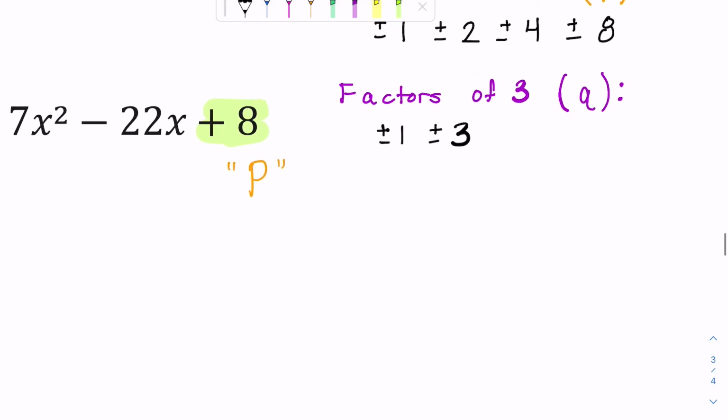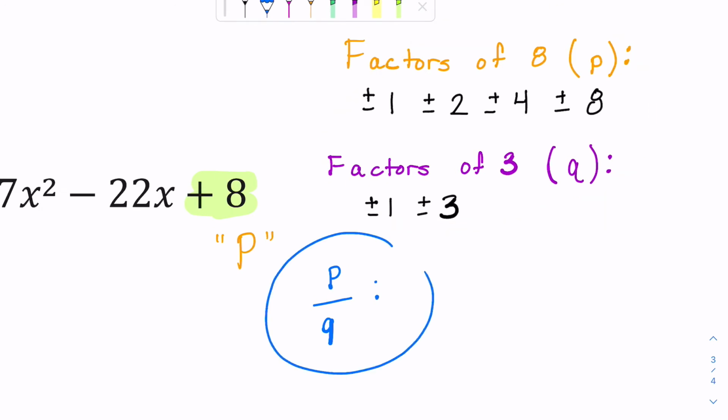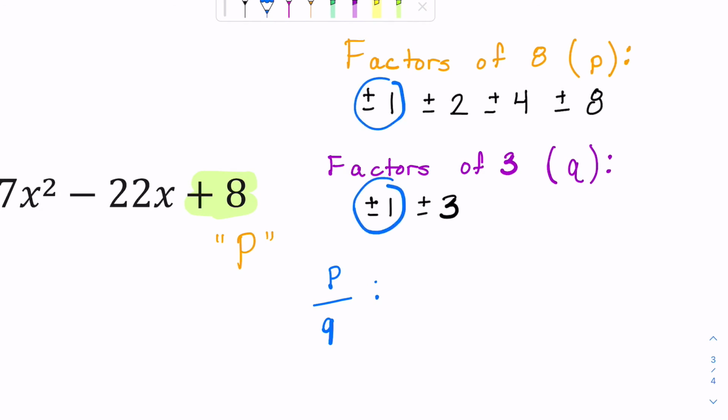Next, we need to list our factors P over Q. And P over Q is what's important because those are your possible solutions. So this work right here is just extra work, and this right here is what your actual possible rational solutions will be. So I'm going to list plus or minus 1 over plus or minus 1.